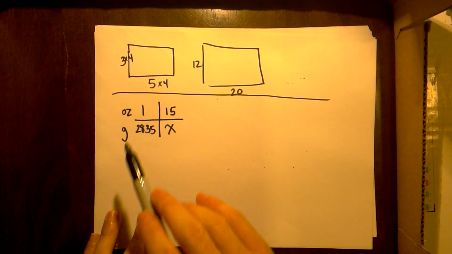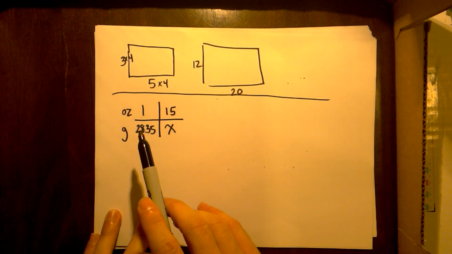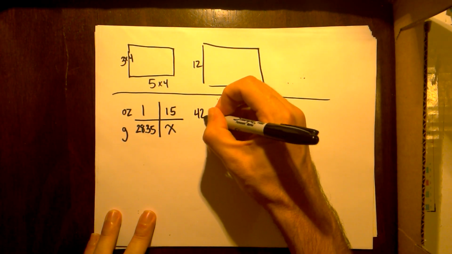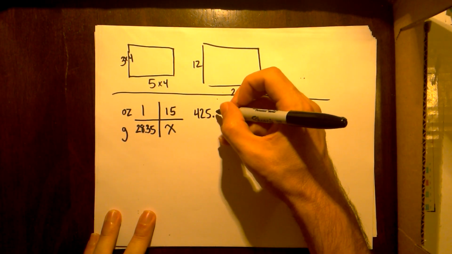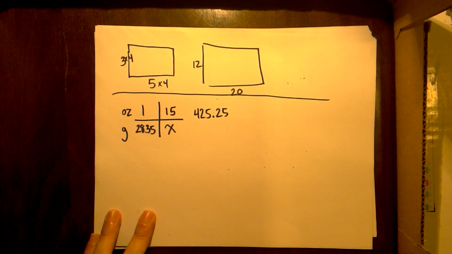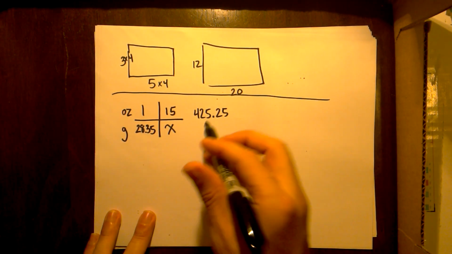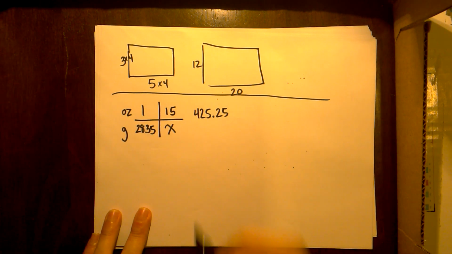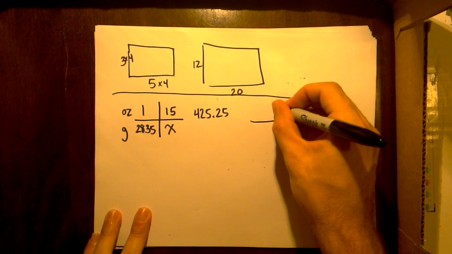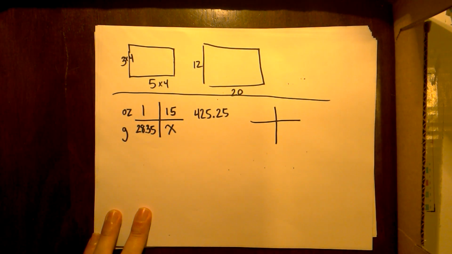I know that 15 times 28, my choices are limited to 425. Okay, I'm using the answer choices they give me. I know that 15 times 28 is not going to be 0.53. So I know 425 has to be the correct answer. If you want to, double check it yourself. Now I set up the next one.